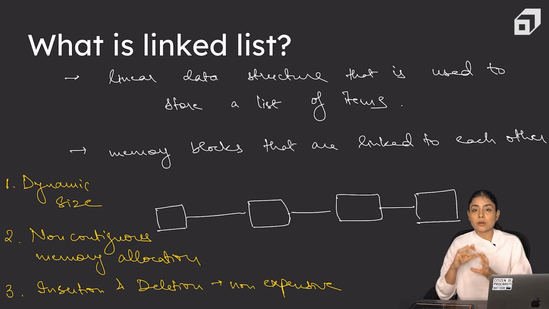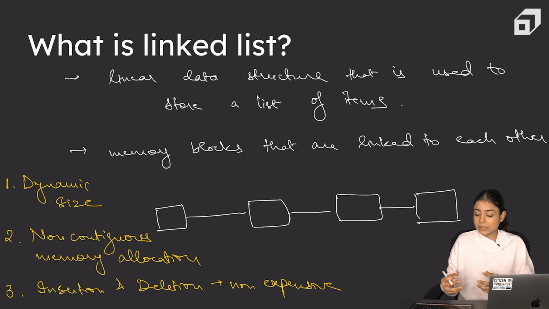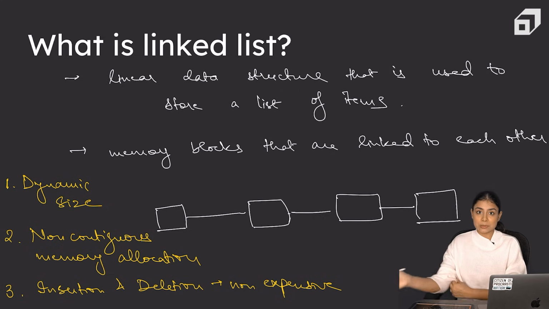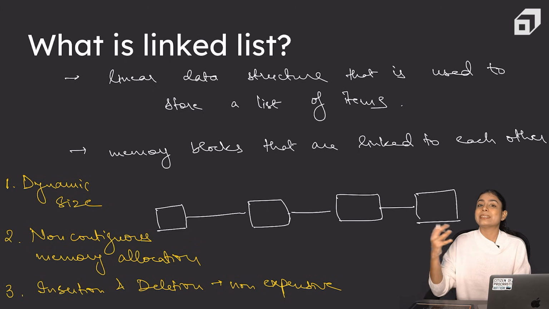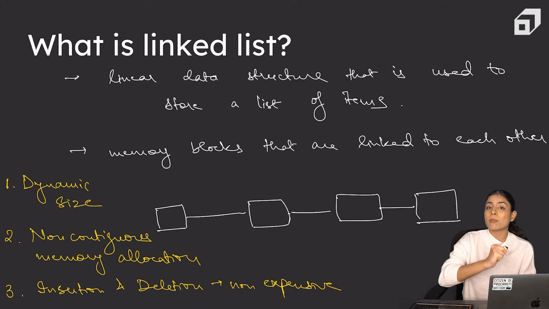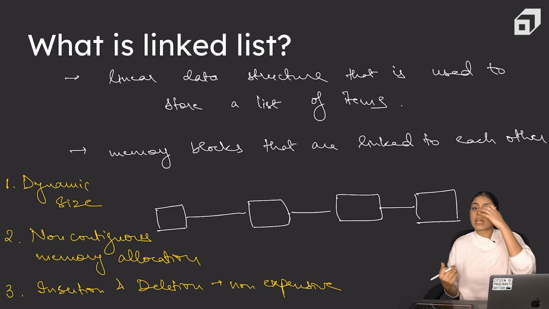Here again, none of the other elements have to be shifted. So insertion and deletion in a linked list become non-expensive for us, in terms of time and space complexity.